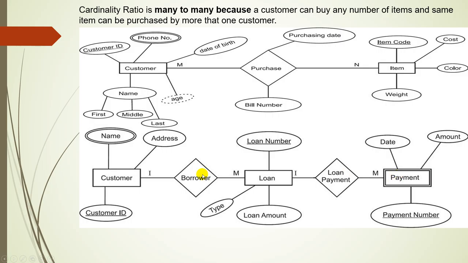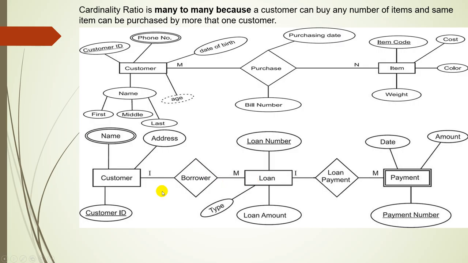But we need two relationships. The first we name as a borrower relation. It connects two items, customer and loan. So if I add two fields to this table, the first customer ID, a key of this entity, and a loan number, a key from another entity.